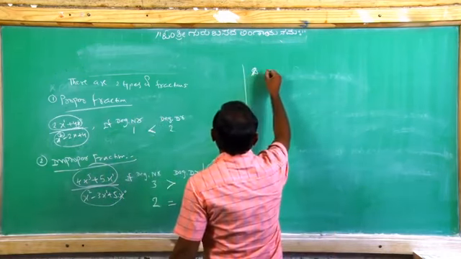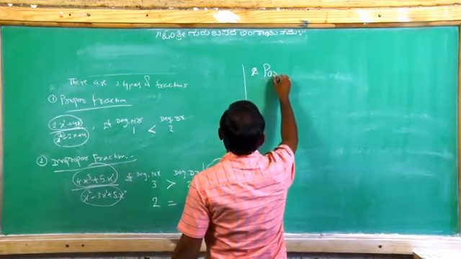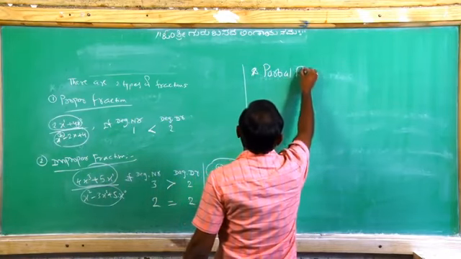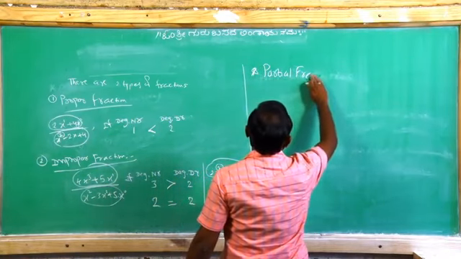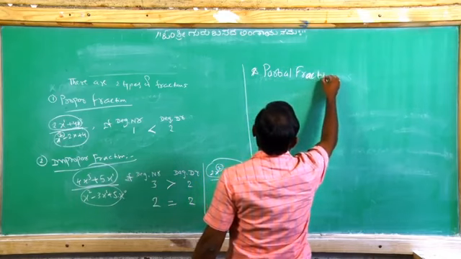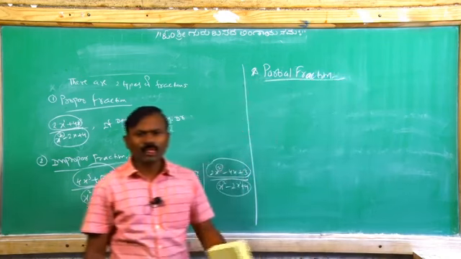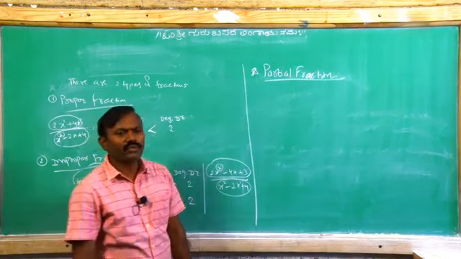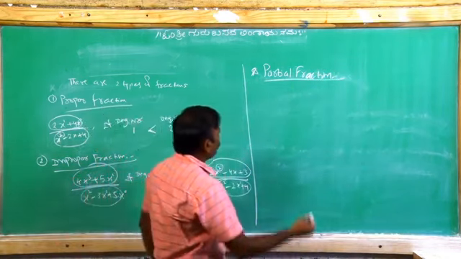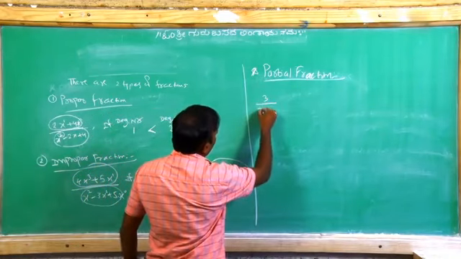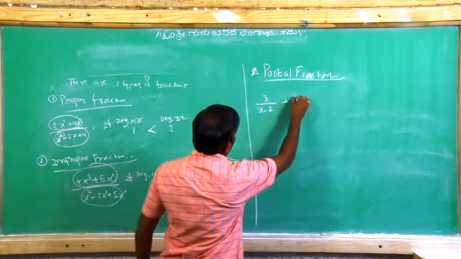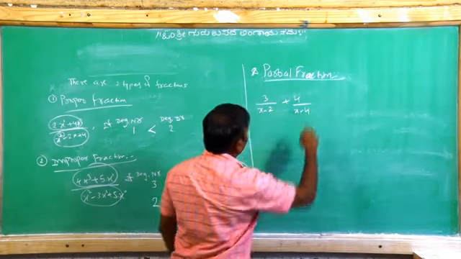Next, come to the definition of partial fraction. First, take the sum of two or more proper fractions. Now take 3 by x minus 2 plus 4 by x minus 4.